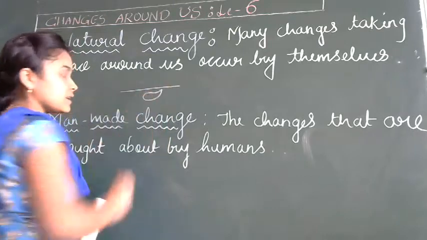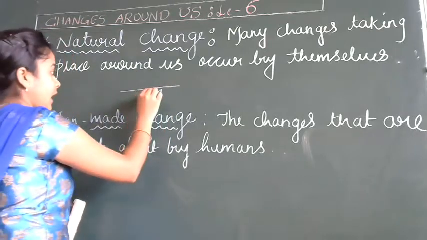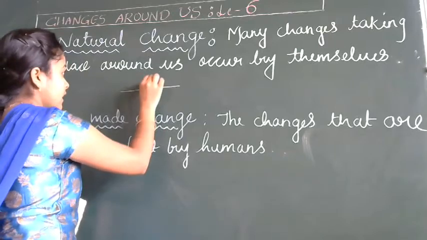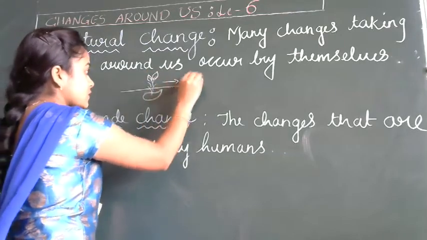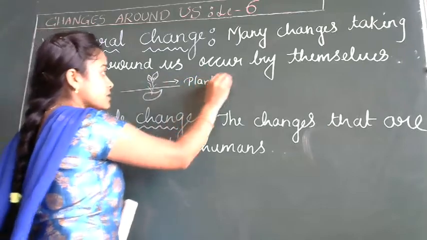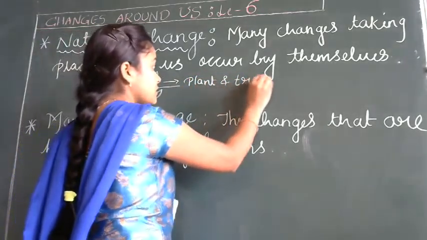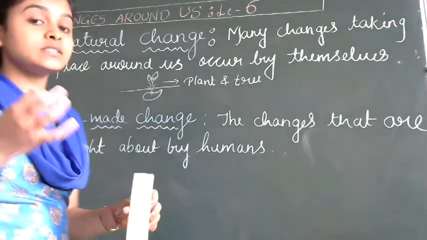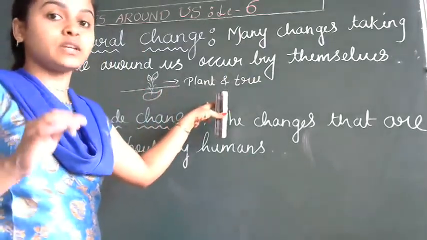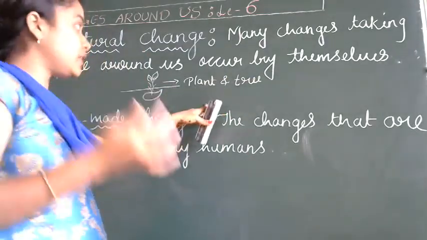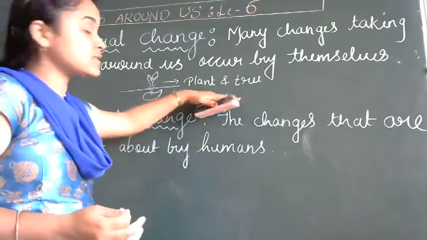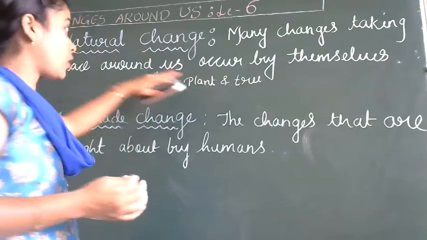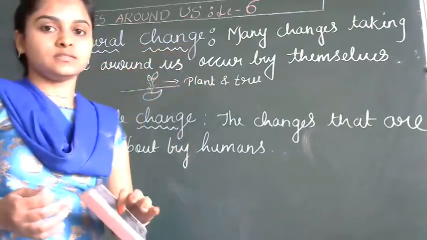When you place the seed in soil, and as time passes, it will start growing by itself. The seed will give us a plant and a tree. Here you are not changing the seed into a plant or tree. The seed itself is changing into a plant or tree. So such types of change we call a natural change.